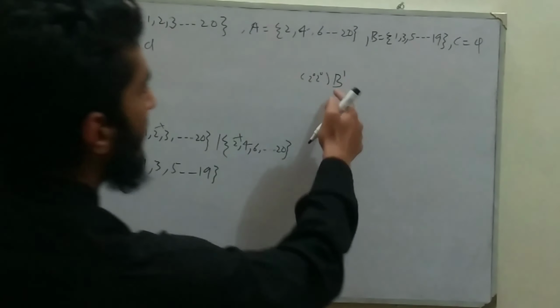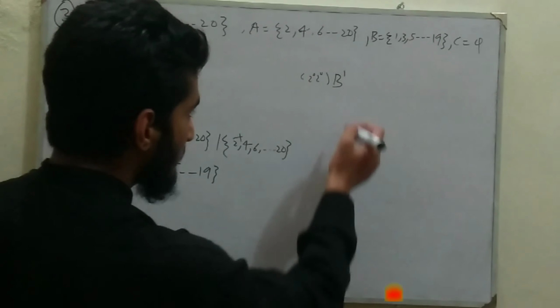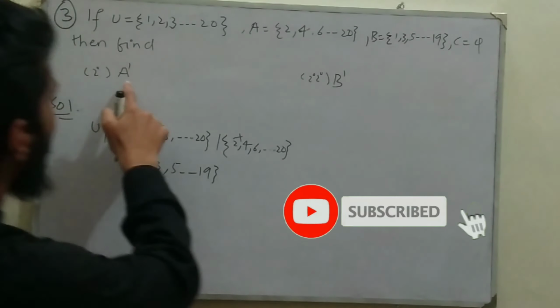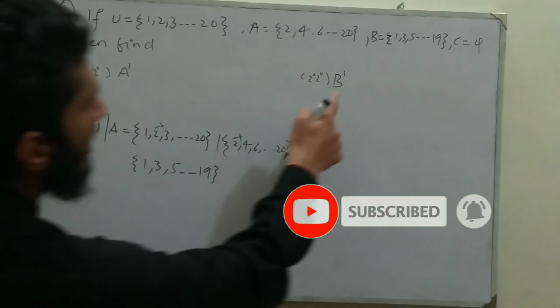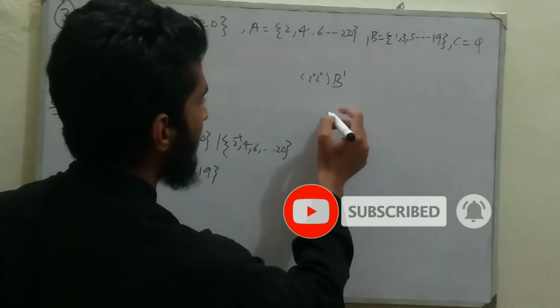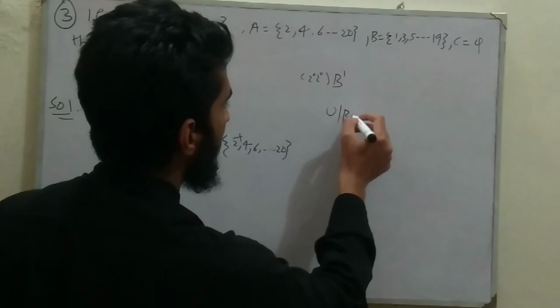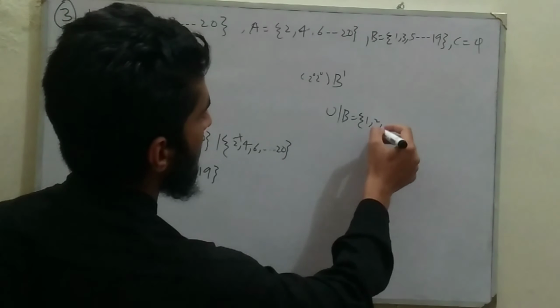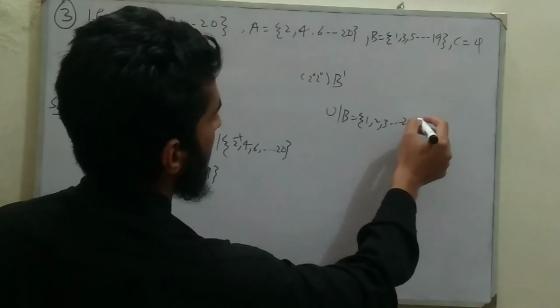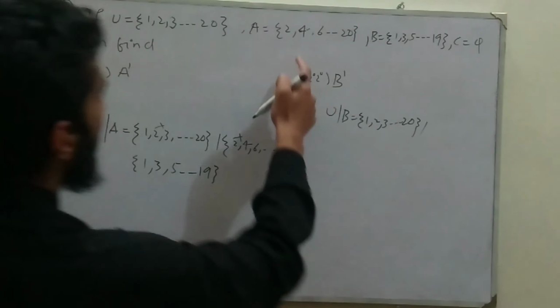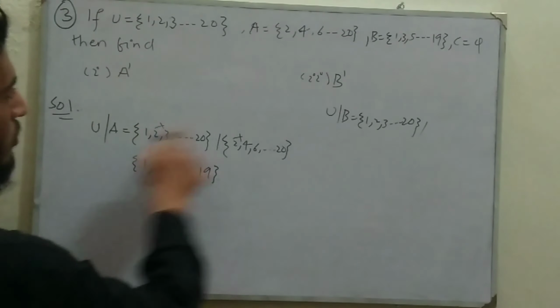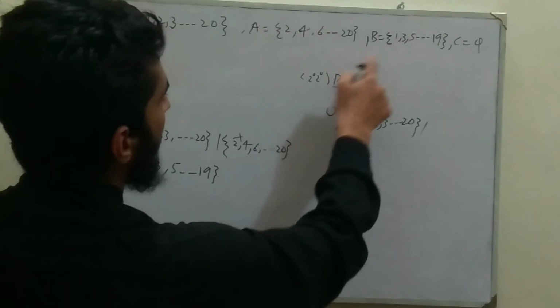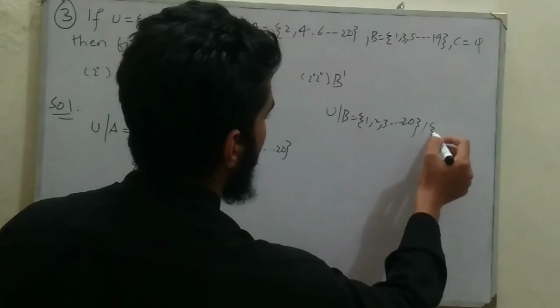Now we find B complement, part B. Just like A complement is U minus A, B complement is U minus B. So U is 1, 2, 3 to 20, minus B, which is 1, 3, 5 to 19.